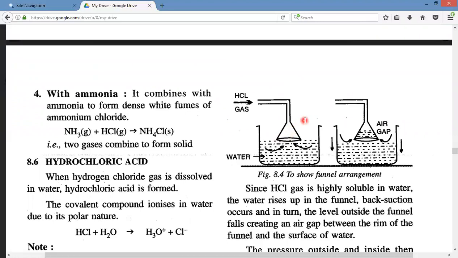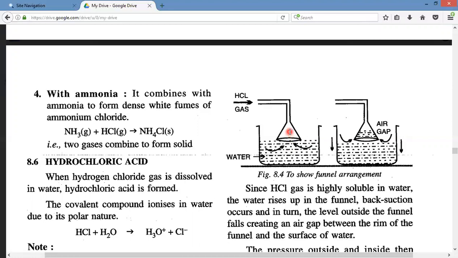The atmospheric pressure outside the funnel and delivery tube is higher, and this difference between the atmospheric pressure and the inside pressure leads to the water rising up with HCl gas.